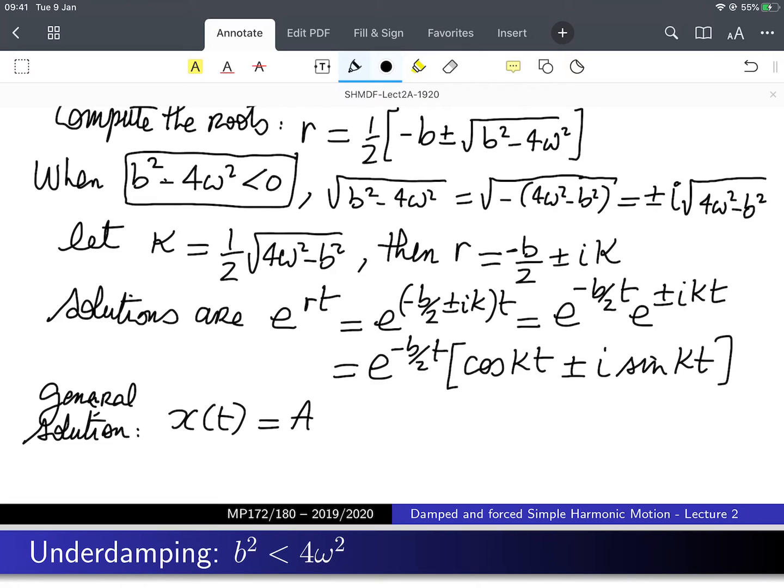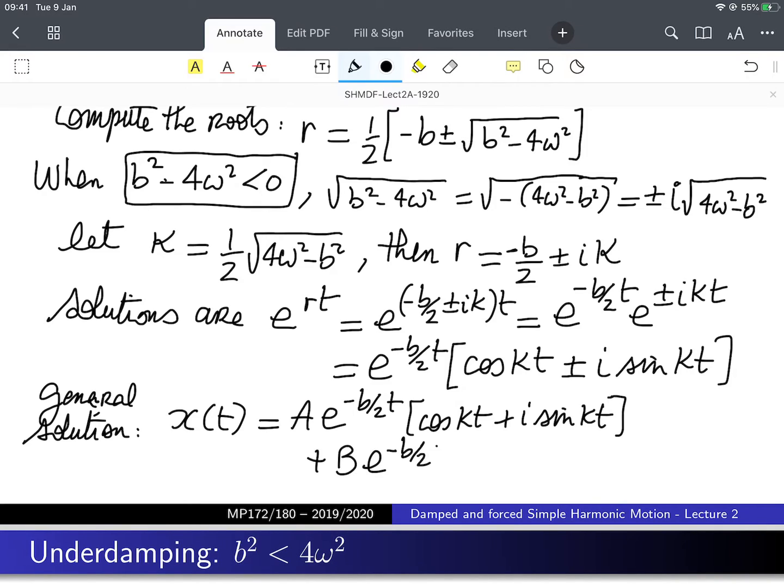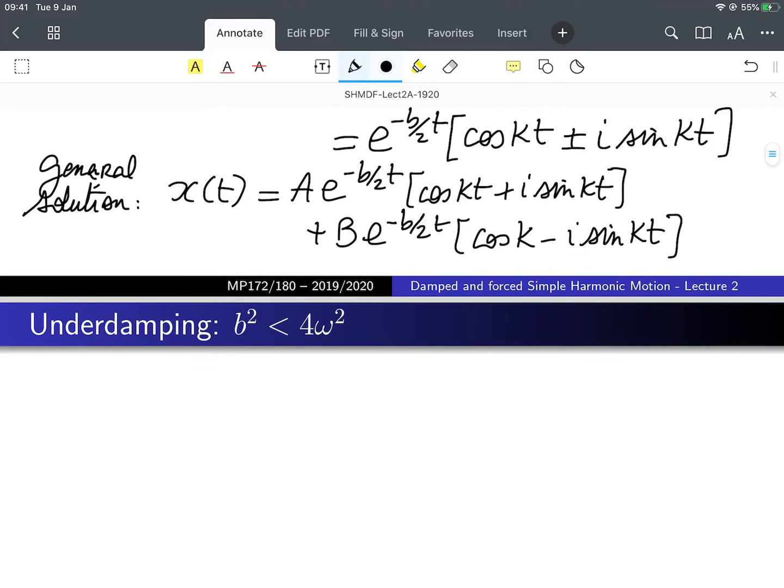So I'm going to have A, an arbitrary constant, times the first solution, the one with the plus sign, and then B, another arbitrary constant, times the second solution, the one with the minus sign. And now, oh, I forgot the t here.